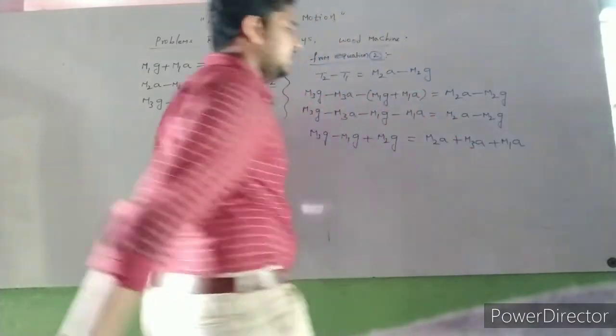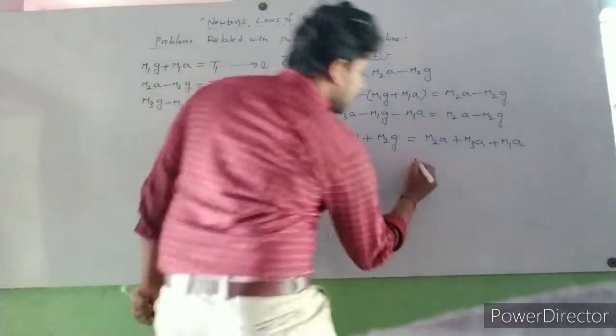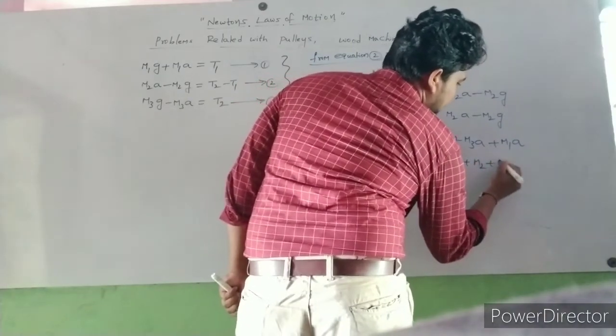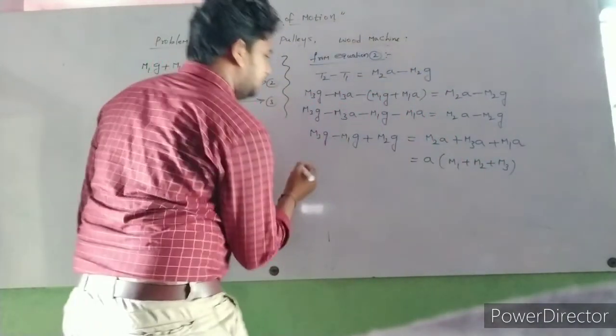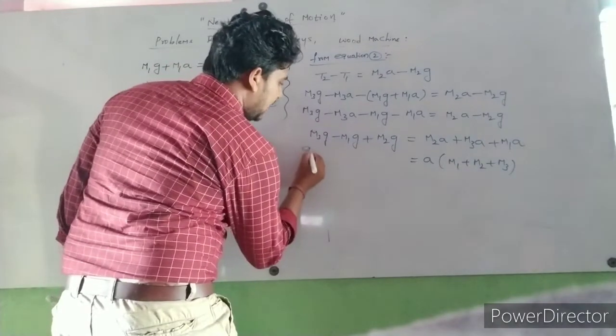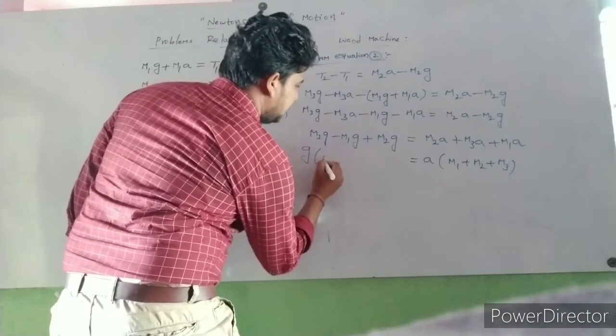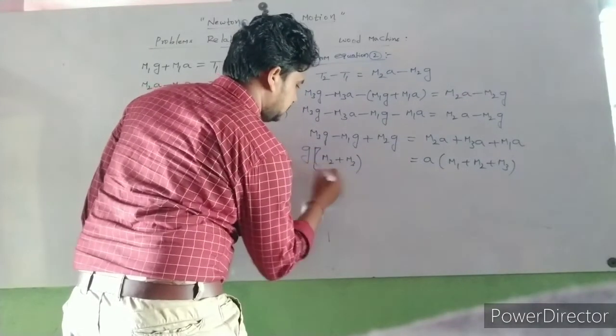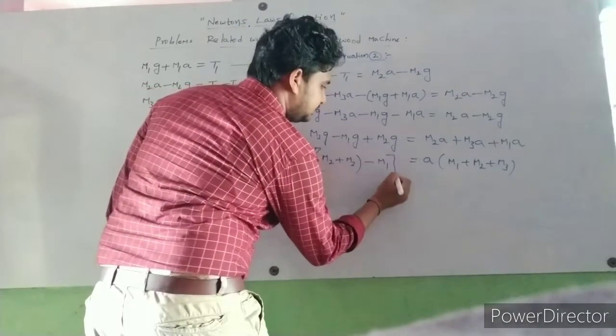If you take A as common, we get M1 plus M2 plus M3. Taking G as common, we get M2 plus M3 minus M1.